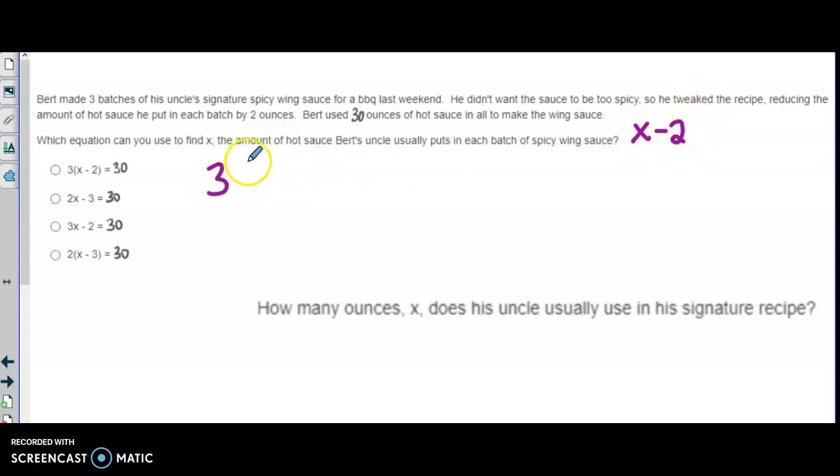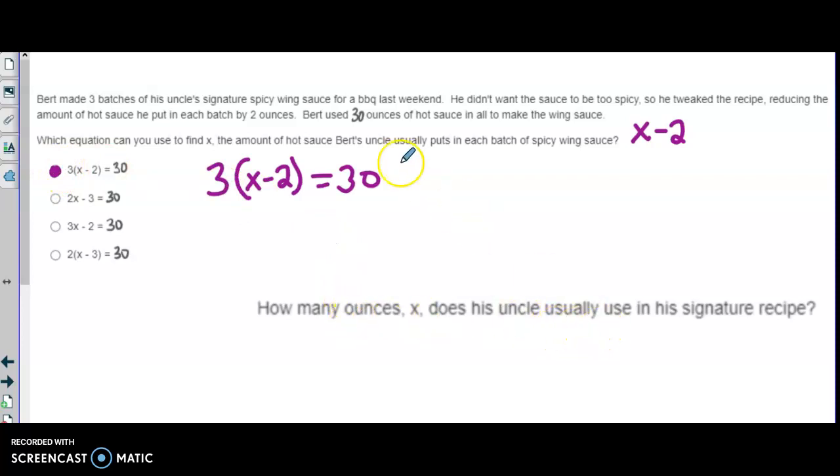So for all 3 batches, we have to subtract 2 from the original amount, which is why we're going to use parentheses here. On the last problem, we didn't have parentheses, but this one we do, because for all 3 of the batches, we need to take away 2 ounces. All right, and then of course it's going to equal the total. So our answer should be A.